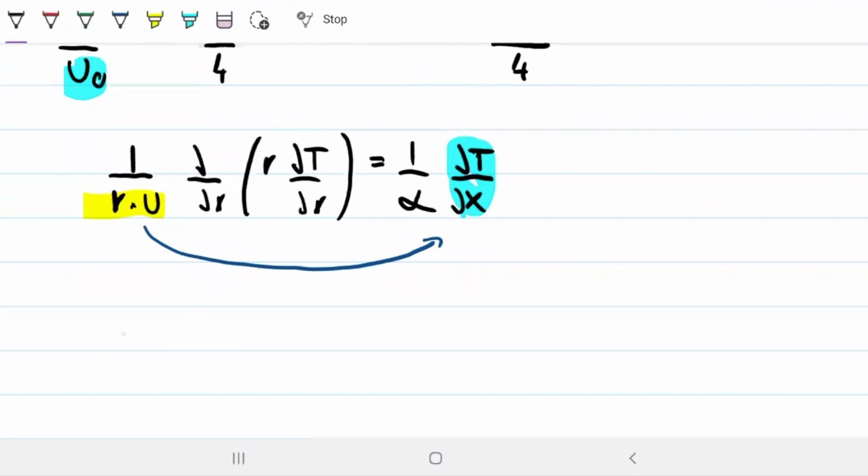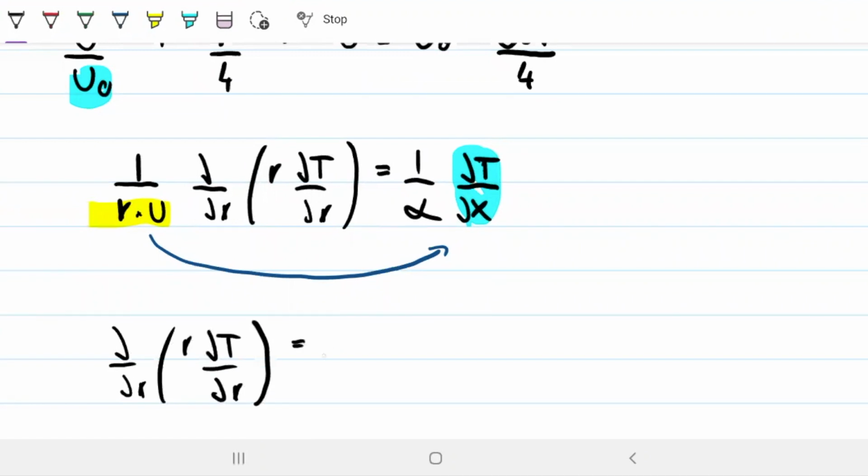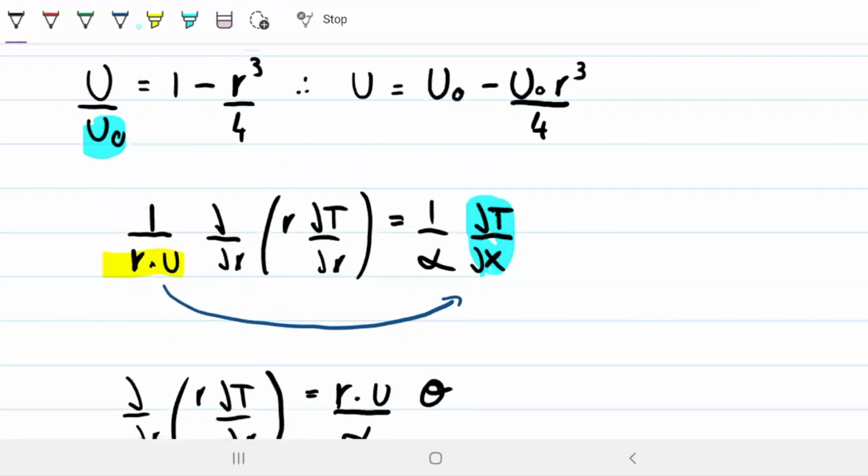Okay, so this will become the derivative with respect to r of r dt dr equals radius times velocity divided by my diffusivity. Oops, and this is theta now.